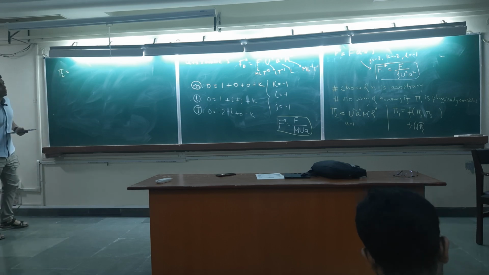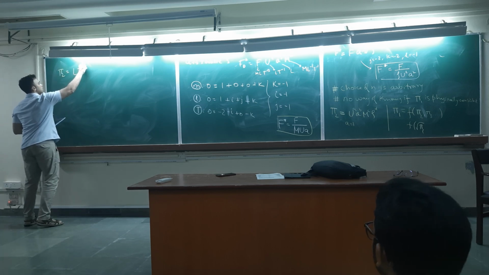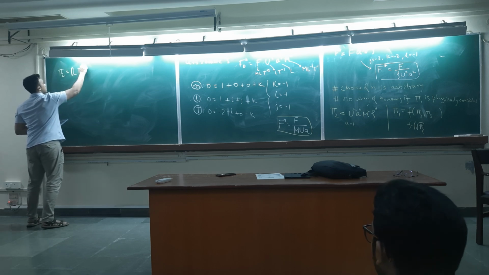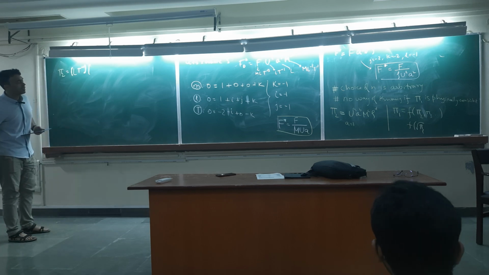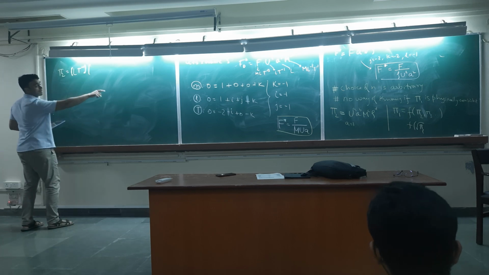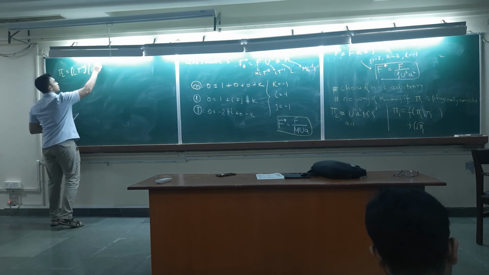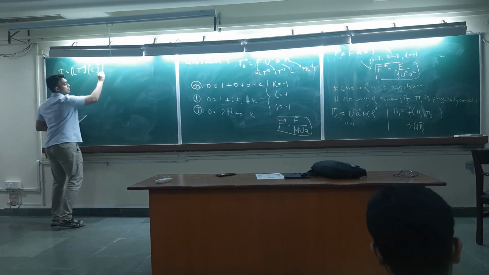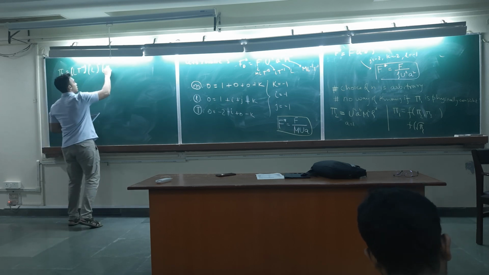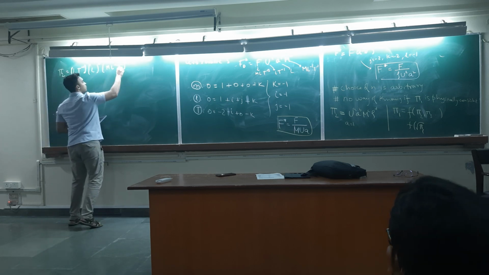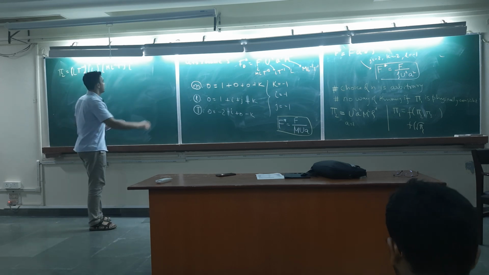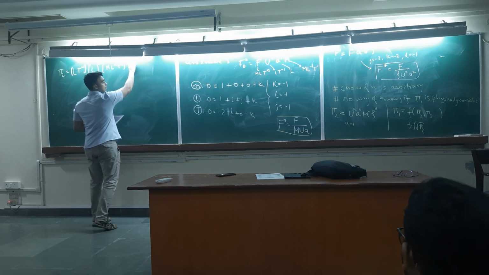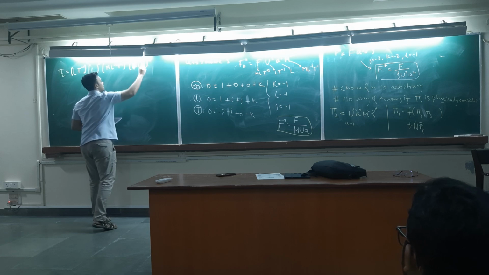Pi 2 is equal to velocity, L T to the power minus 1, times A, L to the power B, times viscosity mu, M L to the power minus 1 T to the power minus 1, to the power C, and density, M L to the power minus 3, to the power D.